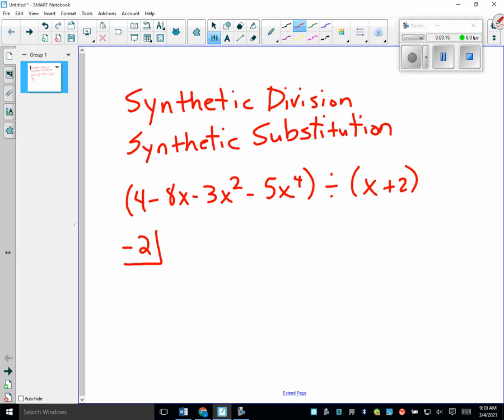Okay, so what would be my first coefficient? Is that easy so far? First thing I do is bring my first number, which is negative 5, straight down.